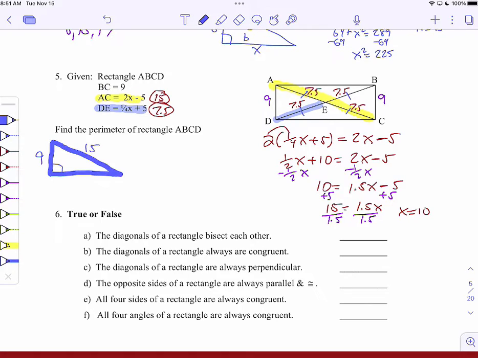And I have to do the Pythagorean theorem again to find that missing side. This is going to come out to be a whole number. 9 squared plus that missing side squared equals 15 squared. This is 81 plus x squared equals 225.